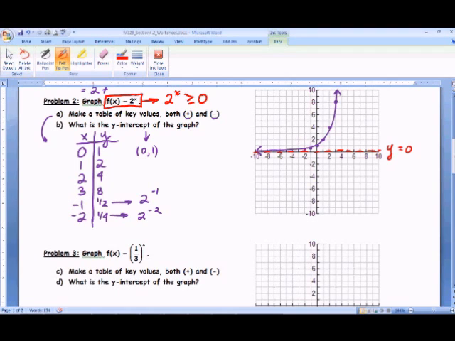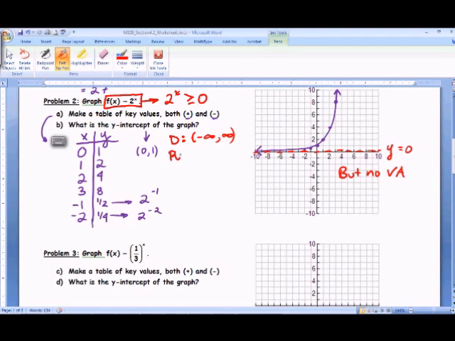There's no vertical asymptotes, though. The domain of this function is from -infinity to infinity. I could plug any value for x in that I want, and I'll get an output for the function.